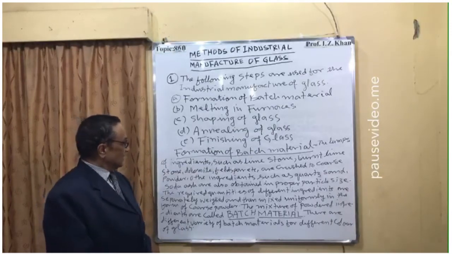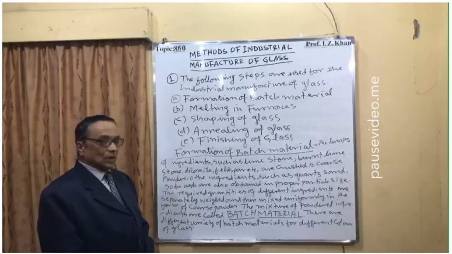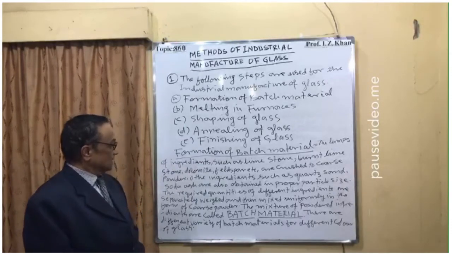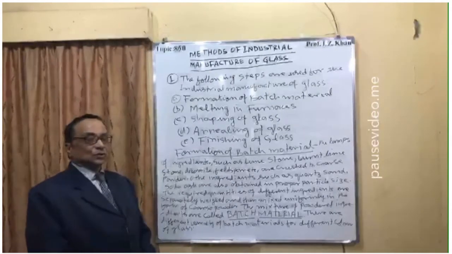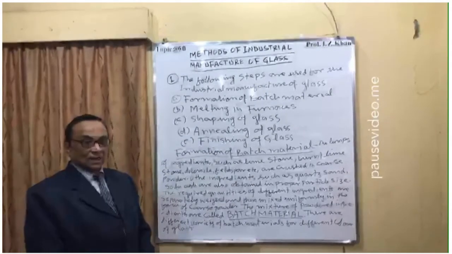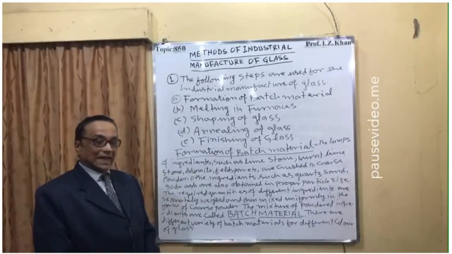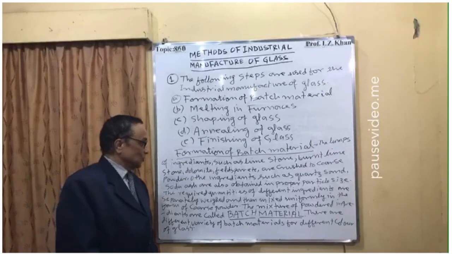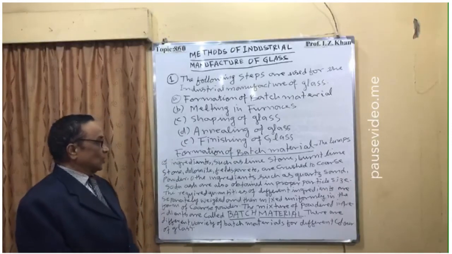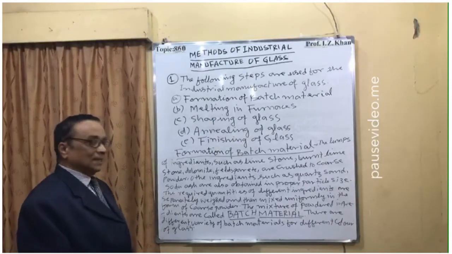Once these materials are crushed to coarse powder, the other ingredients such as quartz sand and soda ash are also obtained in proper particle size. The ingredients should be of the desired particle size, and the required quantities of the different ingredients are separately weighed.